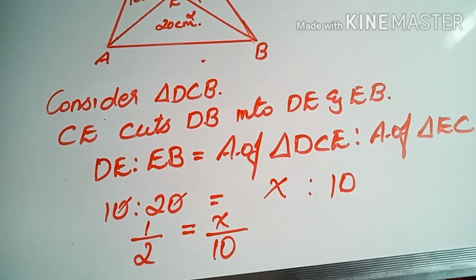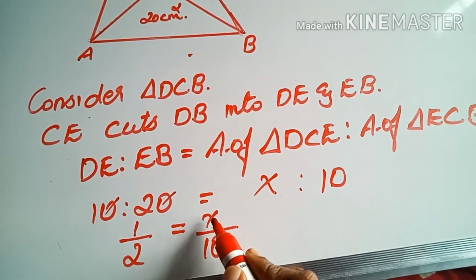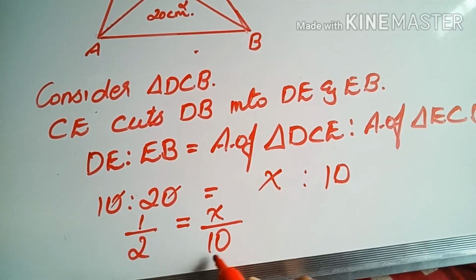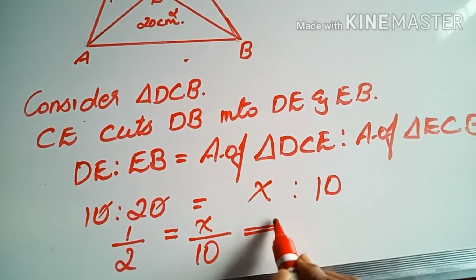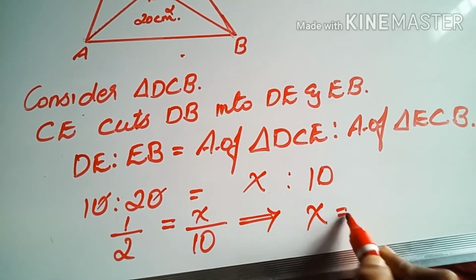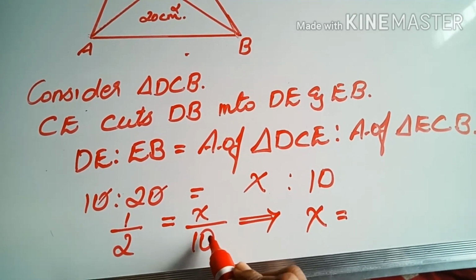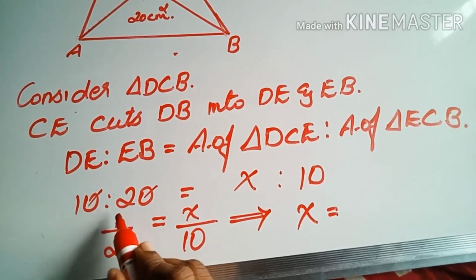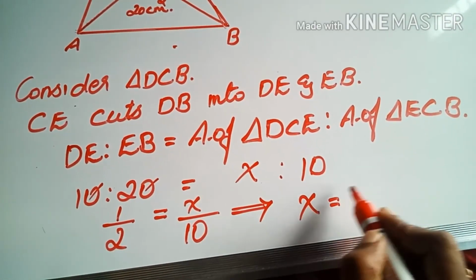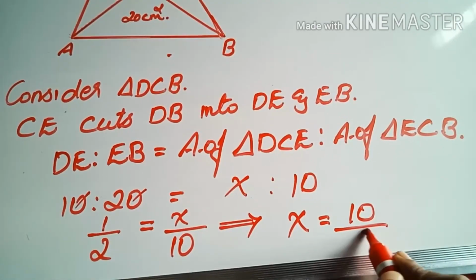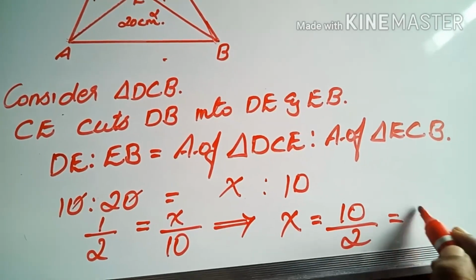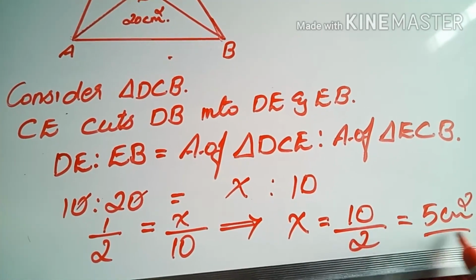So X by 10. Now in order to find this X, keep X here and take this divided by 2 to this side. So X equals 10 by 2. Division when it comes to this side goes to the numerator, that means multiplication. So 10 by 2 is 5 centimeter square.